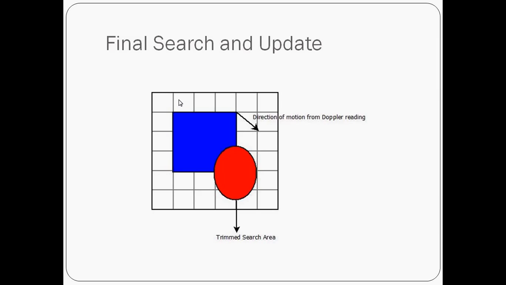Then the next reference template is updated to the current detected block. The current detected block becomes the next reference template, and then you again perform the same procedure, but you take into account the Doppler shift every time.